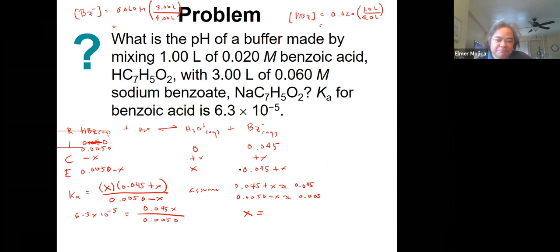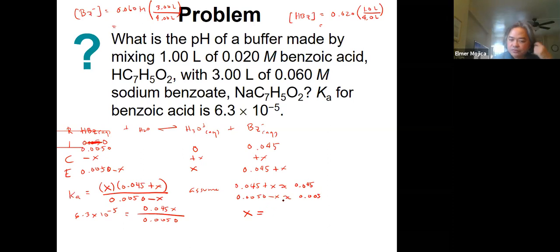What's the x? So if I'm going to do the operation on that, it will be 6.3 times 10 to the negative 5 times 0.005 divided by 0.045.